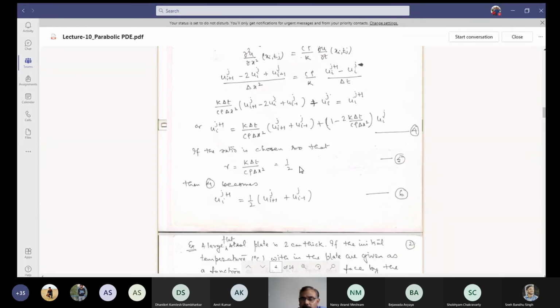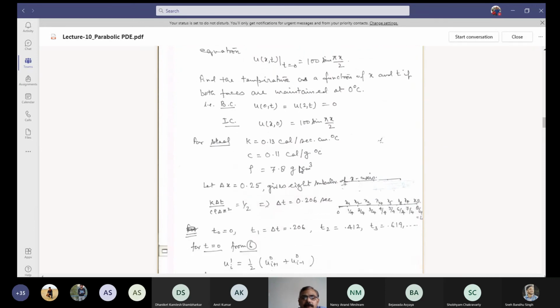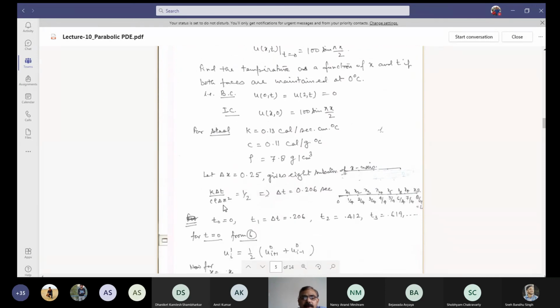If the mesh ratio is half, so this r is half. So k delta t by C rho delta x square equal to 1 by 2, delta x is 0.25. Put that, and all these values k, C rho, delta x, everything is available now, so the delta t turns out to be 0.206 second.